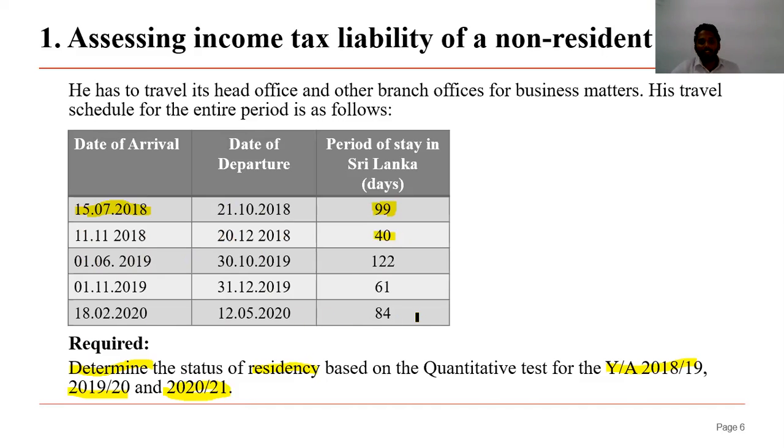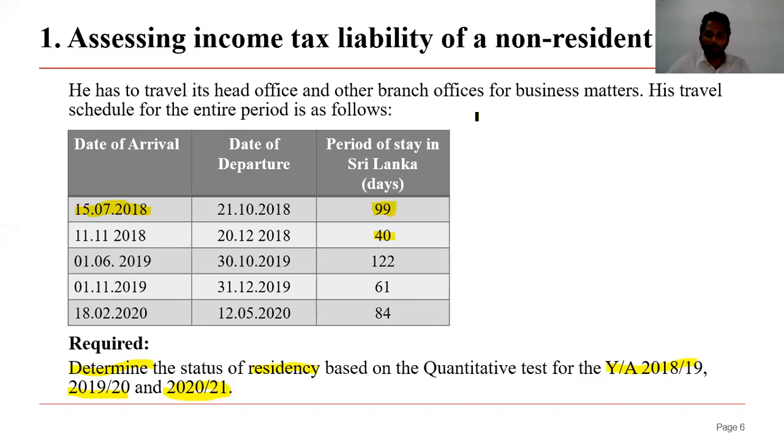So I will give you time to determine the residency status based on this schedule. I will give 10 minutes for you to determine the residency each year. You can take a screen print of this. If you have the handout, you can refer to that, and I will give another minute to those who did not take a screen print.